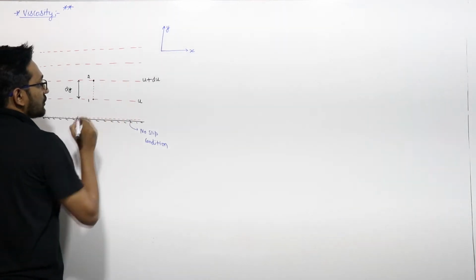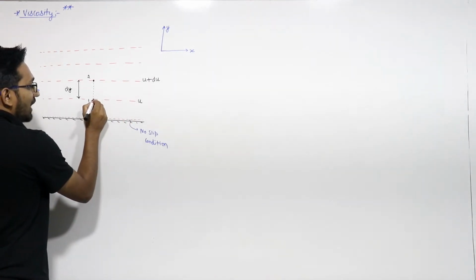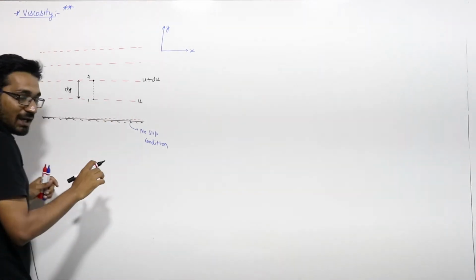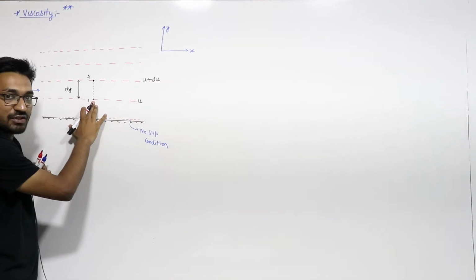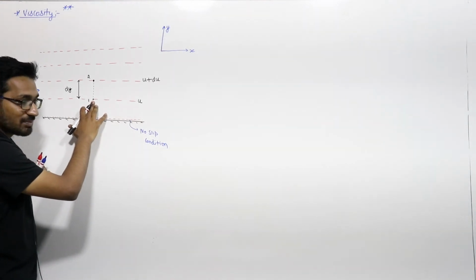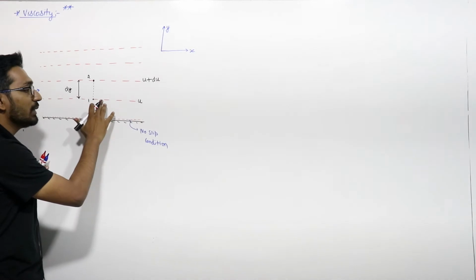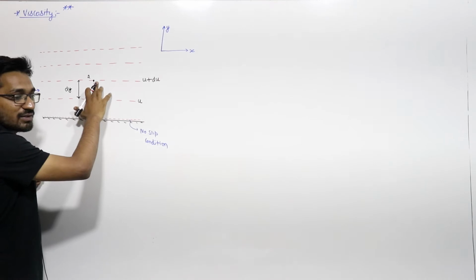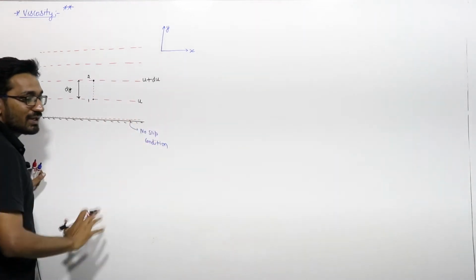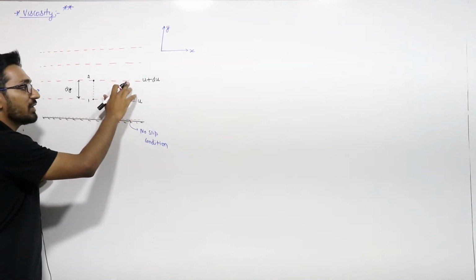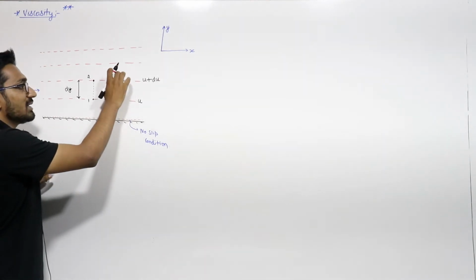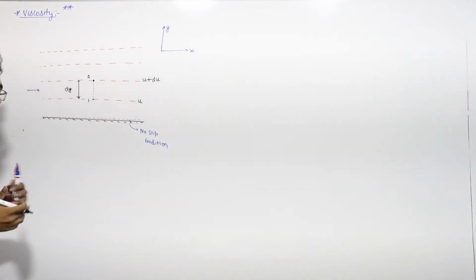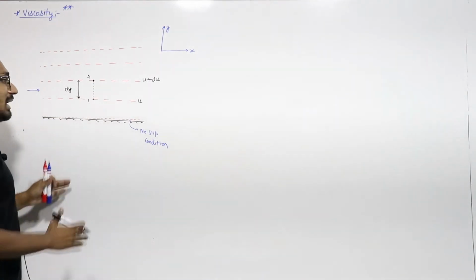The distance is speed into time. The velocity of particle 1 is u, so the distance covered in time dt is u into dt, and the distance covered by particle 2 in time dt is u plus du into dt. Since the velocity of the second layer is more, particle 2 covers more distance than particle 1.